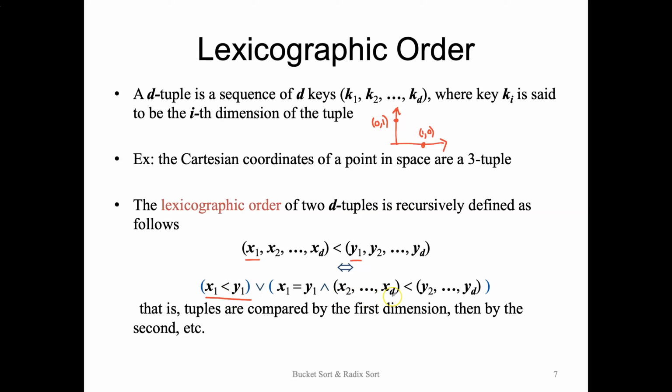So the result is that we compare by the first dimension, then by the second one if they're the same, and if those are the same, we compare by the third one, and so forth. So this goes from the most significant dimension down to the least significant dimension.